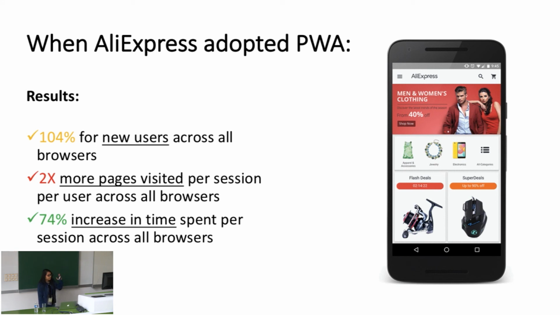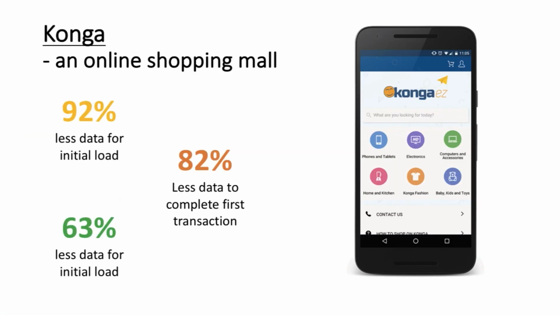These are a few examples of progressive web apps and how they have improved performance. You can look at all these statistics: 2x more page visitors, 74% increase in time spent per session. You can see the data usage has dropped down, 92% less data for initial load, 63% less data, and stuff like that.